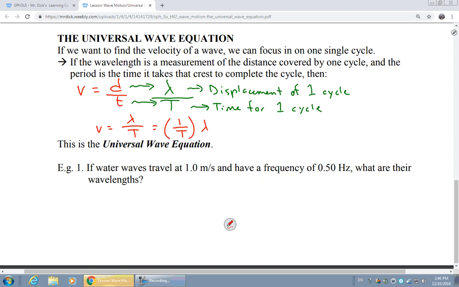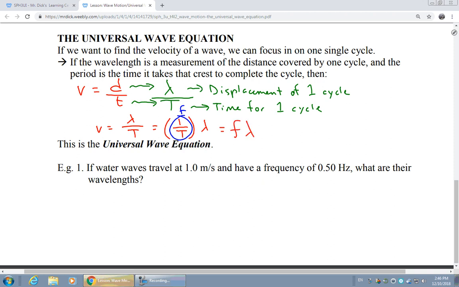So if I take that lambda that I had on top, and instead of dividing it by T, I multiply it by 1 over T, I accomplish the exact same thing. But we talked in our previous note about what 1 over T is actually equal to. It's the frequency. So the other way we could state this is frequency multiplied by lambda.